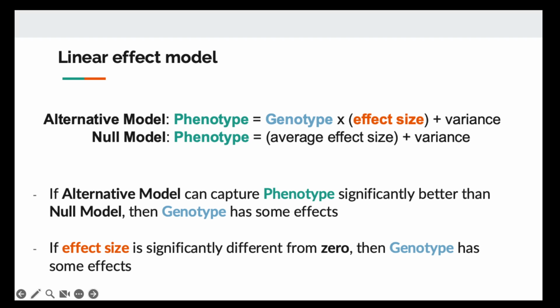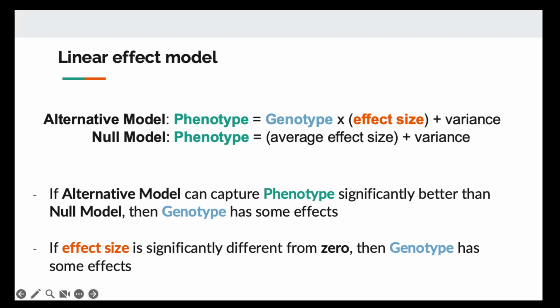So one way that we can say that the model needs genotype is we can look at the effect size. This is a parameter of the model. When we run the statistics, the linear model fitting, if the effect size is 0 or close to 0, then that means the genotype doesn't really make any difference.